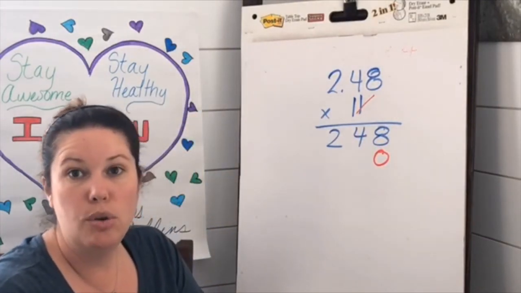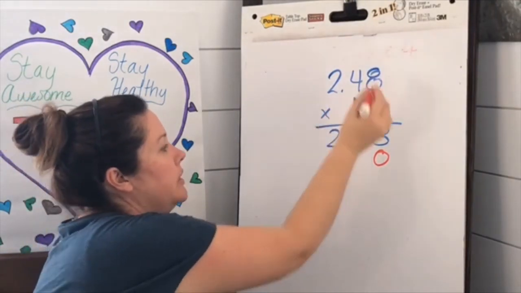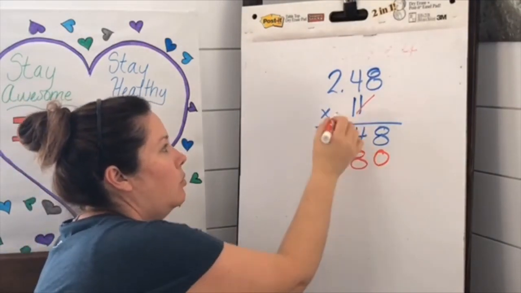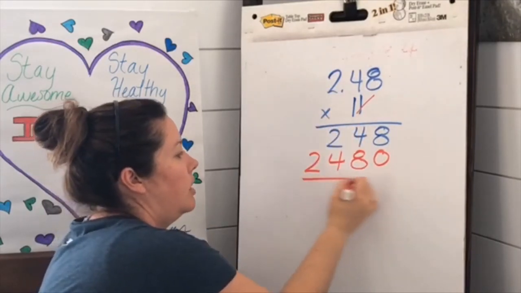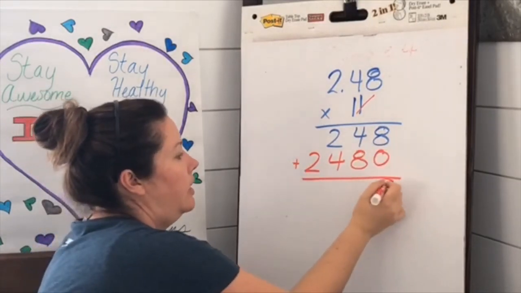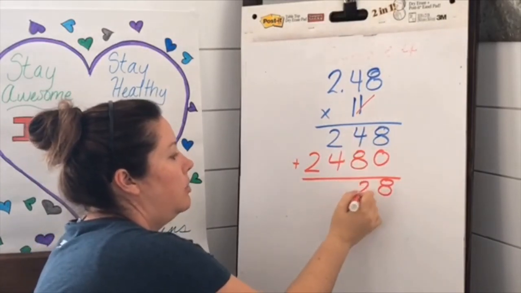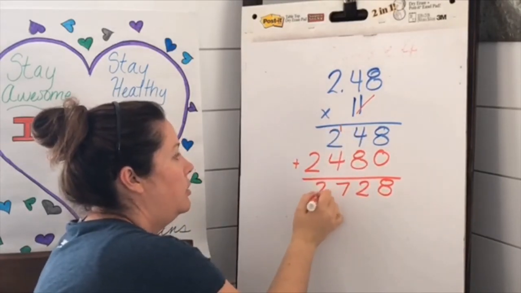And now we're going to do our one that's in the tens place. So this one right here. 1 times 8. 1 times 4. 1 times 2. And now let's add it. So we have 8, 12, 4 plus 2 is 6, 7, and then 2.